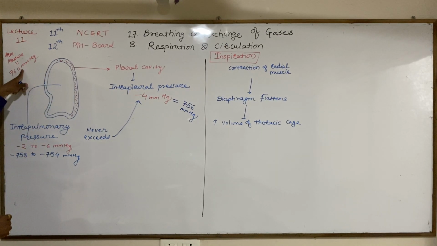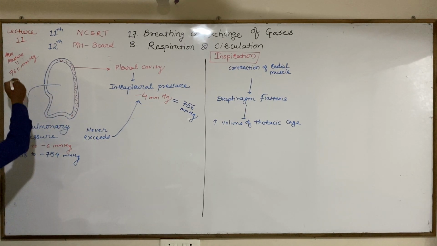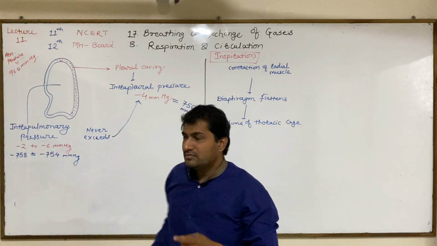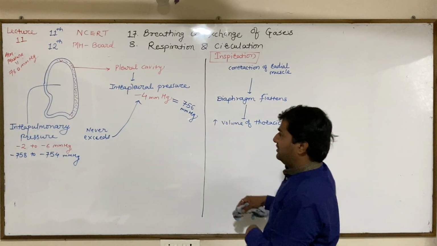So air will enter into the lungs from high pressure, because atmospheric pressure is high and the pressure inside the lung, intrapulmonary pressure, is lower. From higher to lower, air will pass. This is the basic thing. Once you understand this concept, you will definitely understand the flowchart.